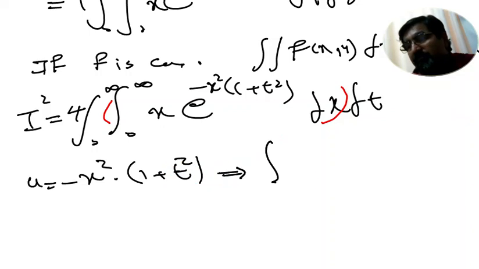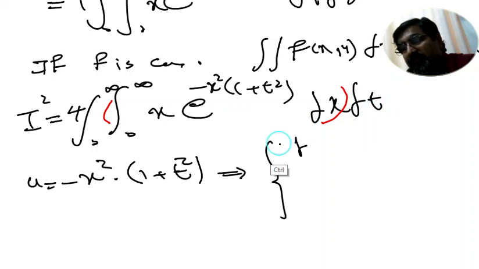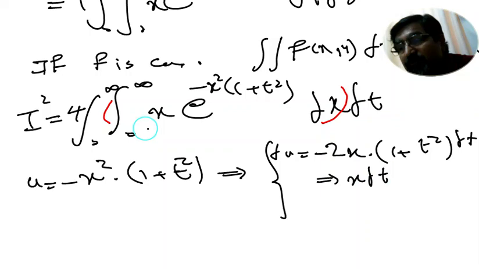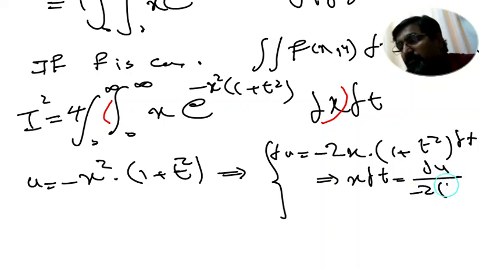So du is minus 2x times 1 plus t squared dx. So x dx is du over minus 2 times 1 plus t squared.